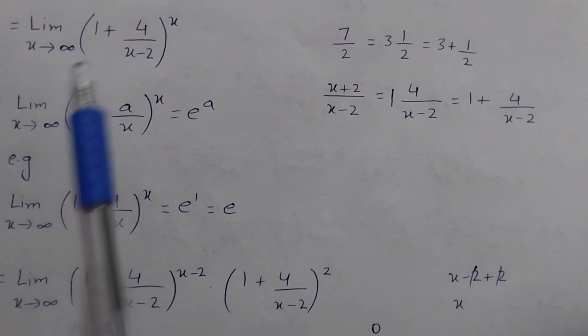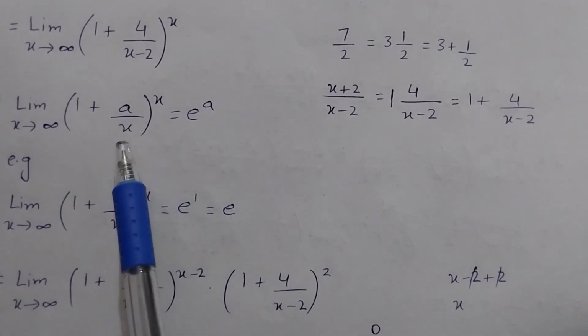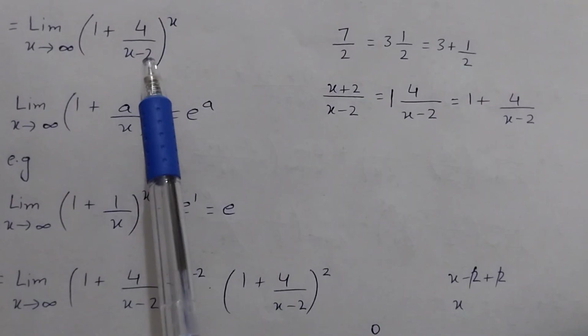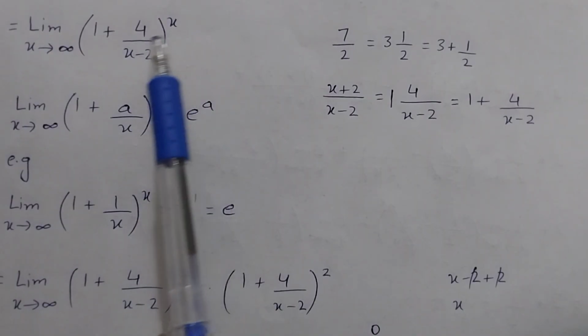As I said, the denominator and the power need to be the same for us to use this result. So we need to make this x minus 2. And how can we do that?